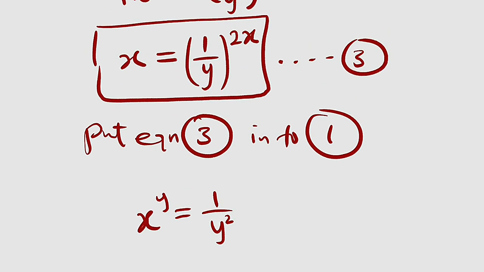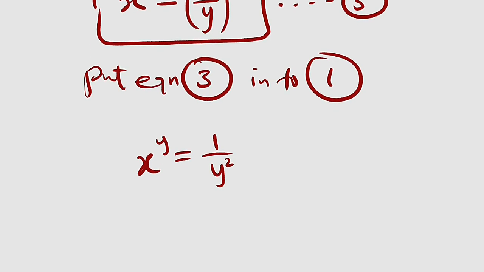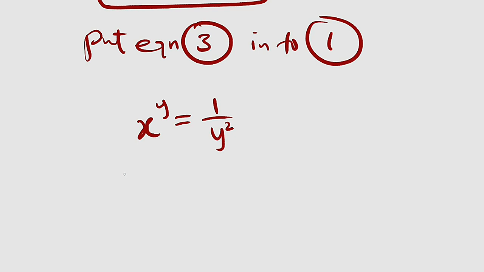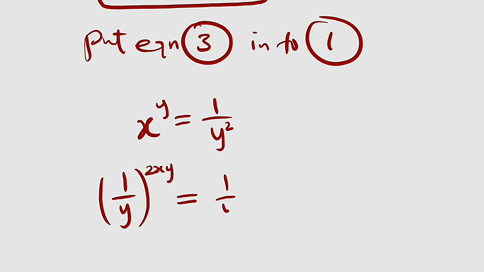So wherever we have x in this equation, we are going to plug in 1 divided by y to the power of 2x. Because we have y here, we're going to raise it to the power of y. So it is the same thing as y to the power of 2xy. This is equal to 1 divided by y to the power of 2. You know from one of the laws of indices, this and this are exactly the same.